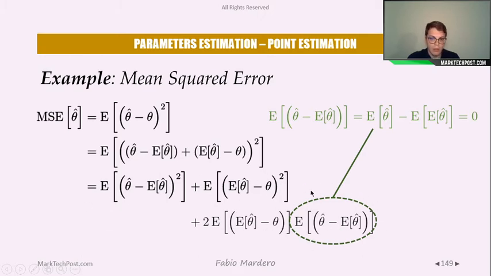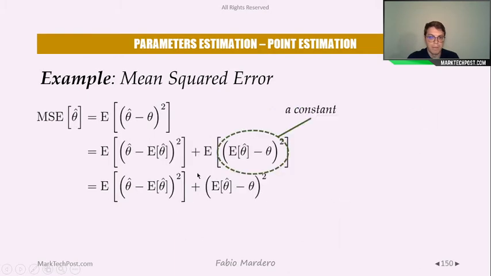But one term of this expression is equal to 0, because the expected value of theta is a number. So the expected value of a number is the number itself. And here we get the expected value of theta hat. These two values are the same, so the difference equals 0. So this term goes away, and we get this one.